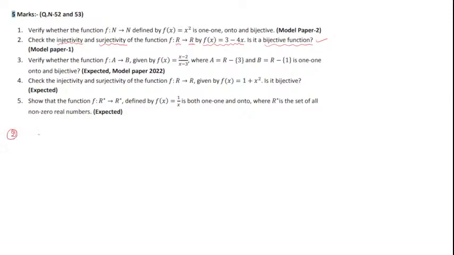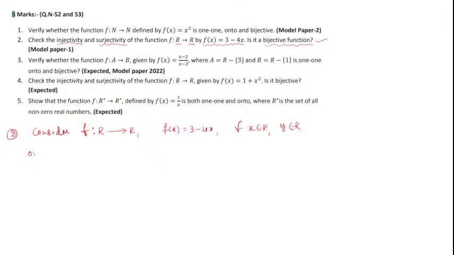Second question: consider your function f defined from the set of real numbers to the set of real numbers, and your function f of x is 3 minus 4x for all x belonging to the set of real numbers, and y belongs to the set of real numbers in your codomain. Okay?